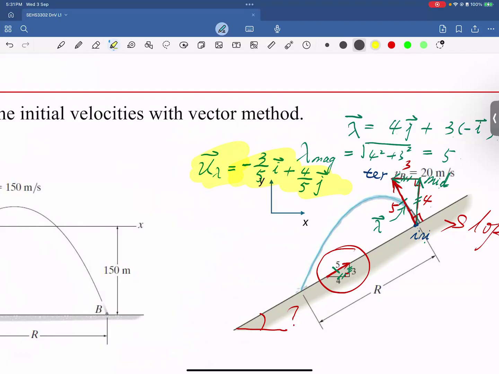The addition of vectors, you just link them up from the initial point to the terminal point, one by one. You can even swap it.